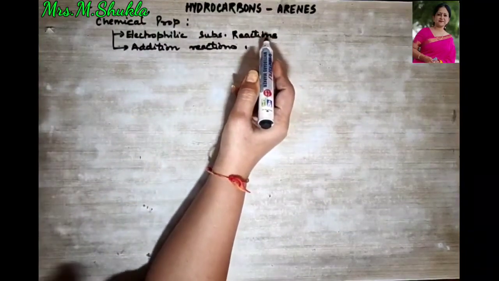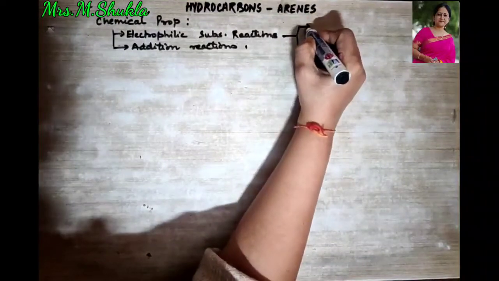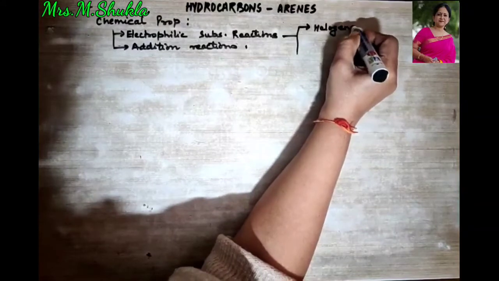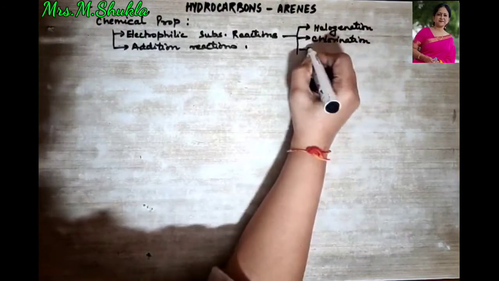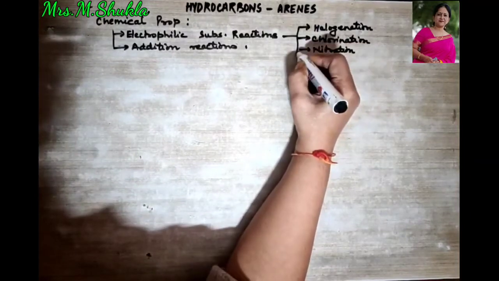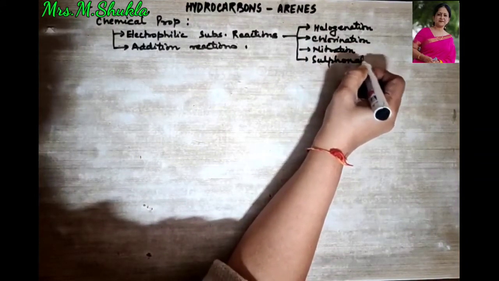Now electrophilic substitution reactions are also of different types. For example, we are going to study halogenation, okay, then nitration, sulfonation.